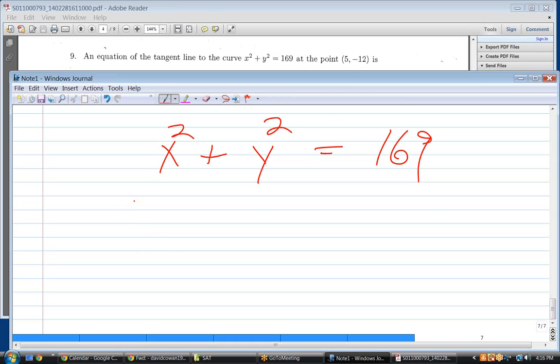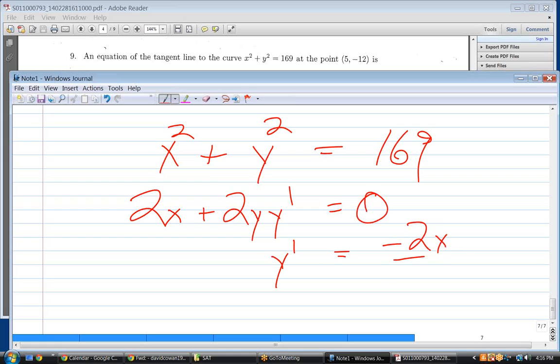So what is it? 2x plus 2y, y prime equals 0. And then solve for y prime, which is going to be negative 2x over 2y.